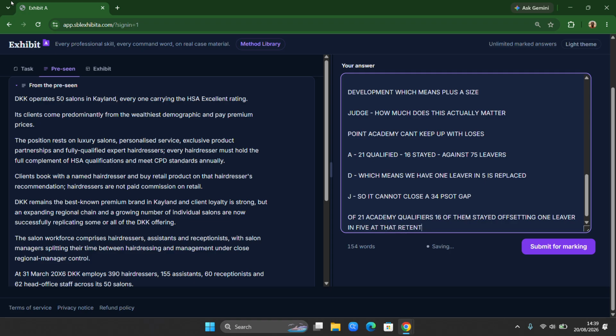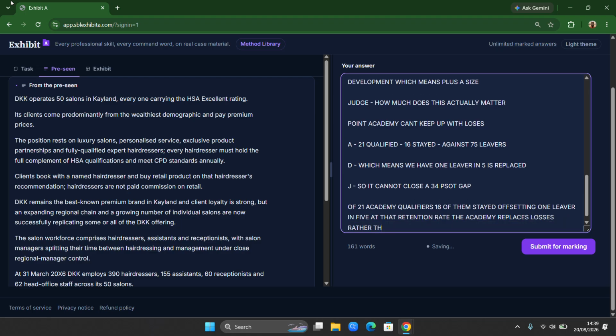At that retention rate, the academy replaces losses rather than adding to the base, and cannot close a 34 post gap.